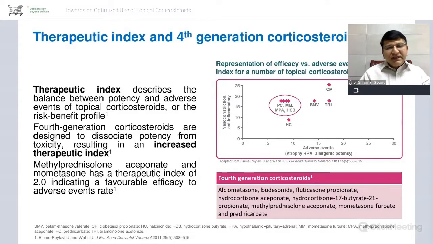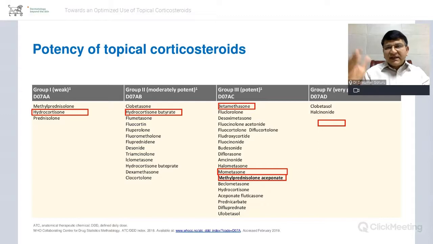So the therapeutic index is almost 2 when you talk about methylprednisolone aceponate and mometasone. Therefore, please do get familiarized with these 4th generation topical corticosteroids, because they are much safer and they can produce really as good an effect as the classical ones.